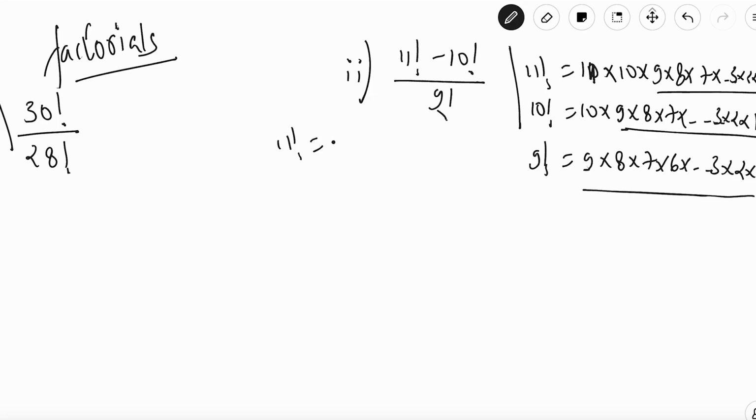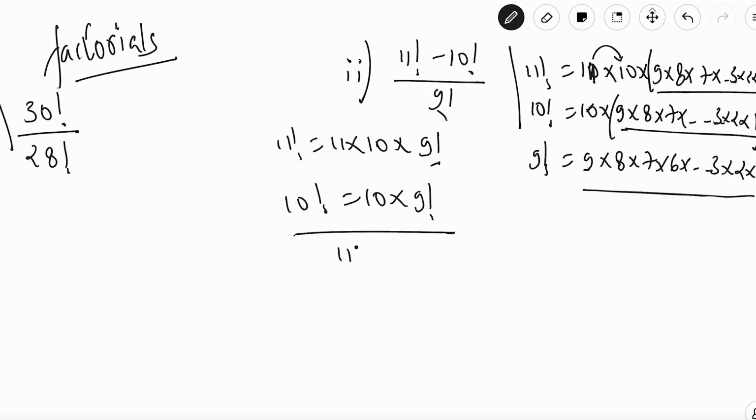So it will be correct to say 11 factorial is 11 into 10 into 9 factorial. 10 factorial is 10 into 9 factorial. So here it was 11 into 10 and this is 9 factorial. Similarly for 10 factorial, 10 into 9 factorial, and 9 factorial is as it is.